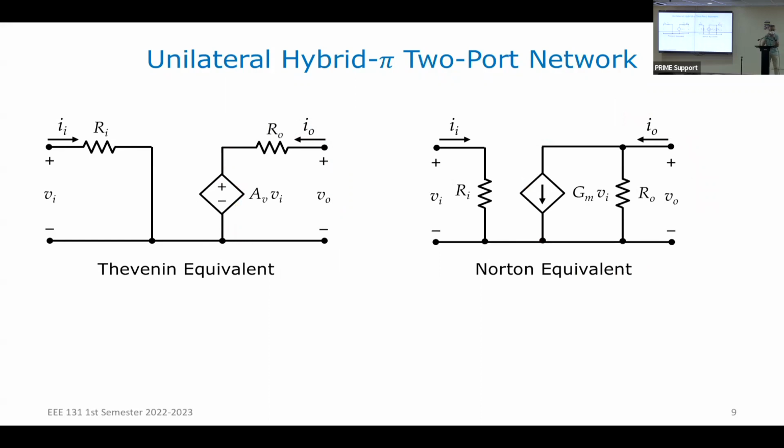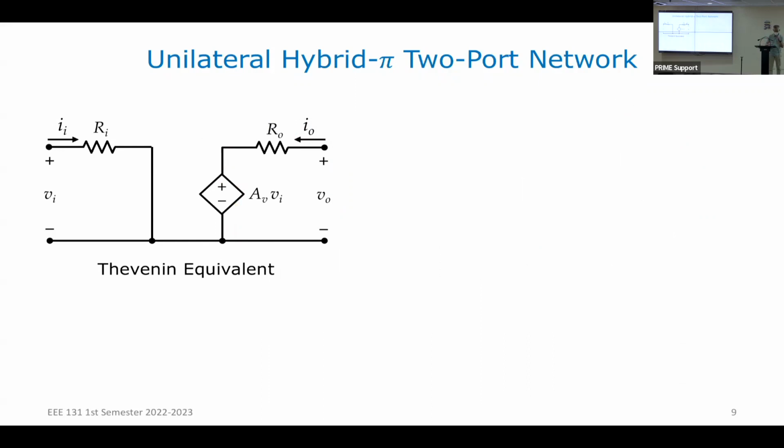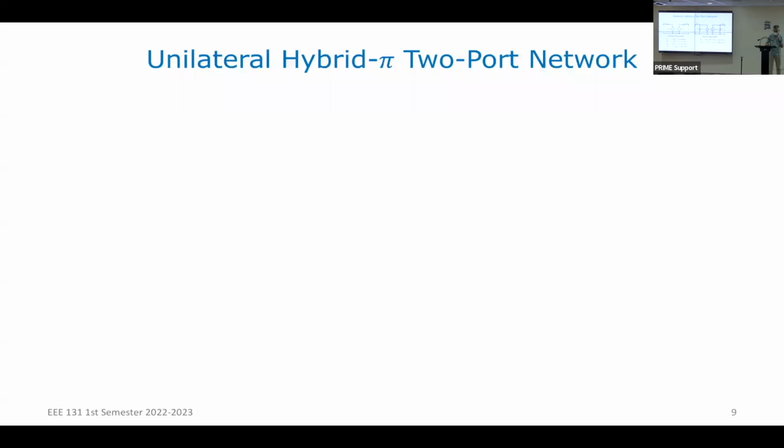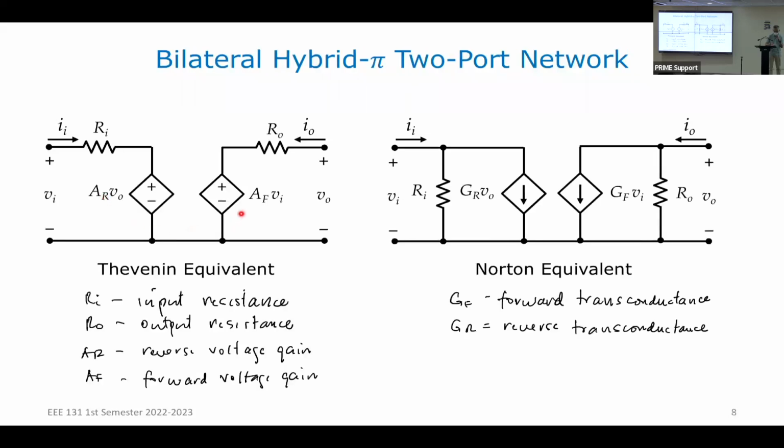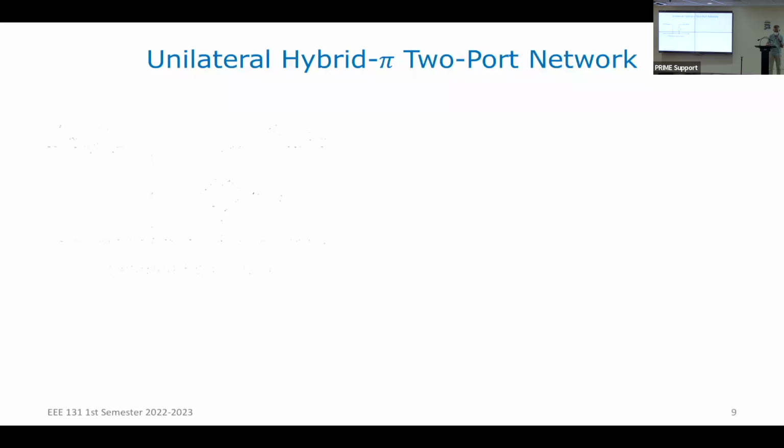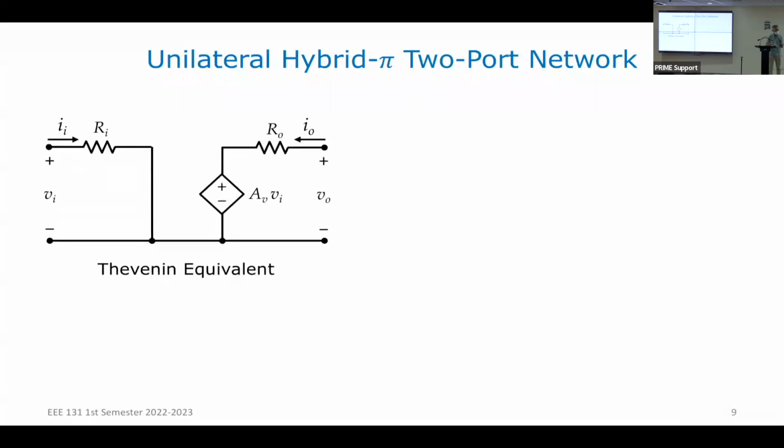Now notice a change in notation. Dito, ang ginamit ko is AR at saka AF. Ngayon, I just say AV, where AV is my voltage gain.